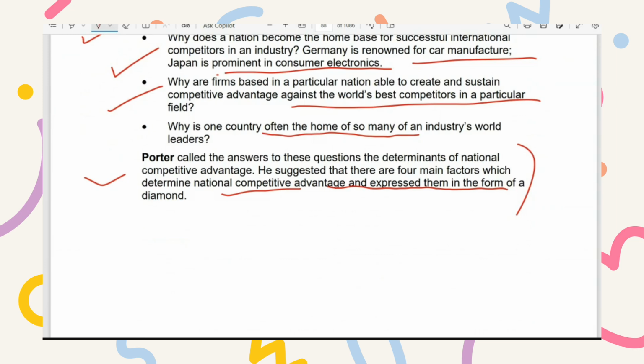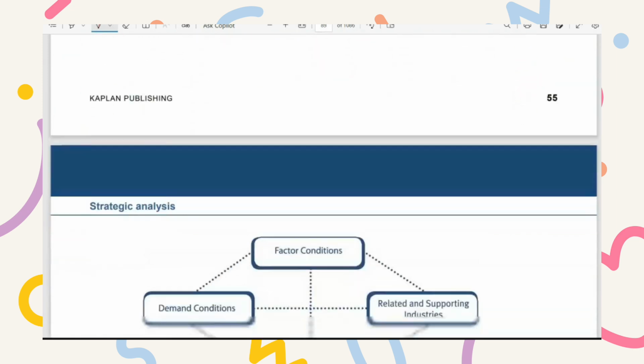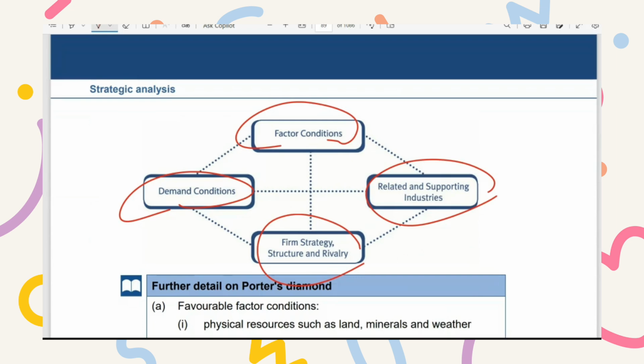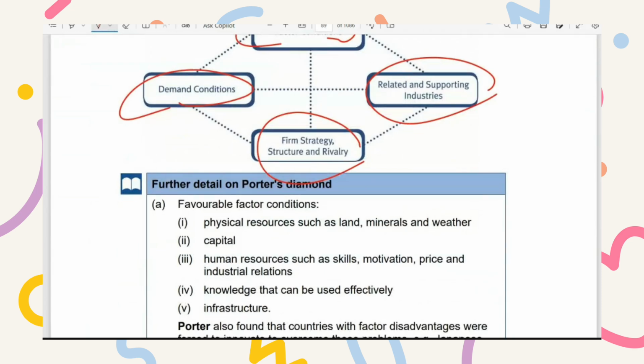He suggests that there are four main factors which determine national competitive advantage, and he expresses them in the form of a diamond. These are the factor conditions, demand conditions, related and supporting industries, and firm strategy, structure and rivalry. Demand conditions mean that Japanese and German cars have big demand in the worldwide market, and Japanese electronics are well known.